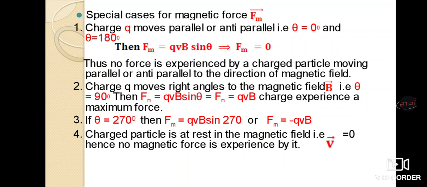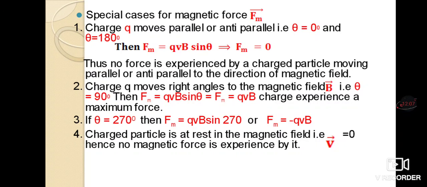Next, the fourth case: if the charged particle is at rest, which means V itself is 0. Already we know a magnetic field will be produced whenever the charged particle moves with a certain velocity. So if velocity is 0, can you produce a magnetic field? No. So no magnetic force will be experienced.